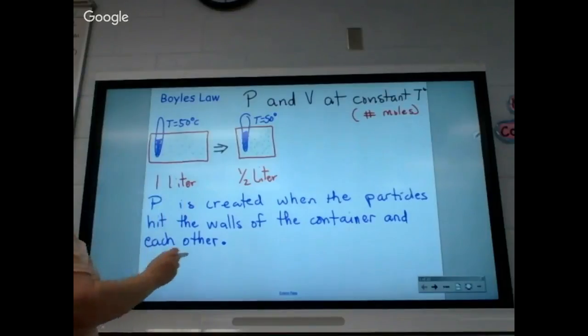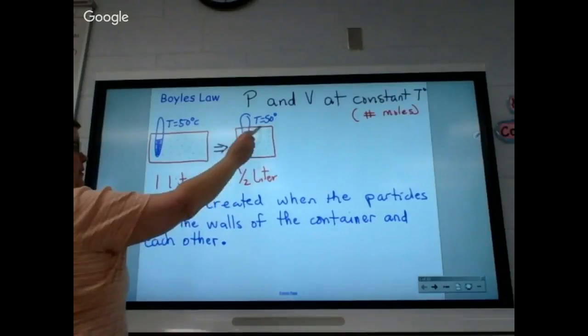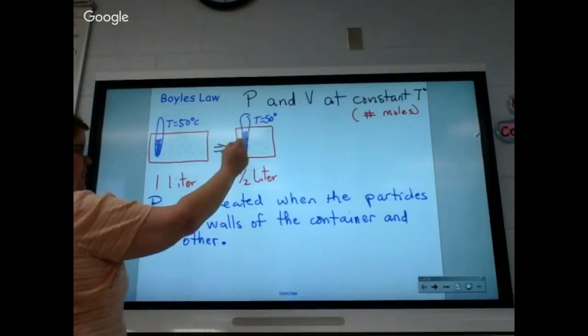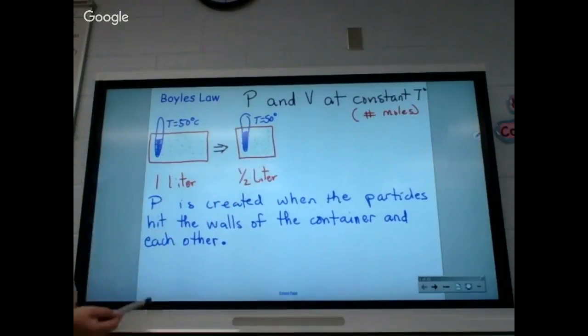Okay? Now, if I cut the volume in half, what's going to happen to my numbers of collisions? Are they going up or are they going down? They're going up. Okay?